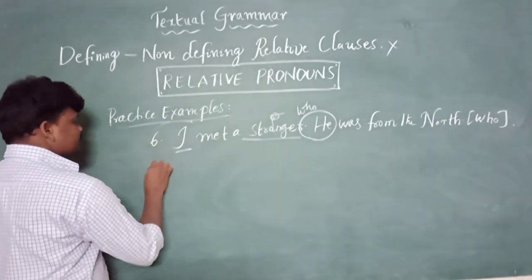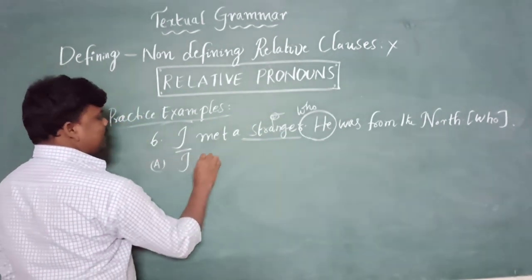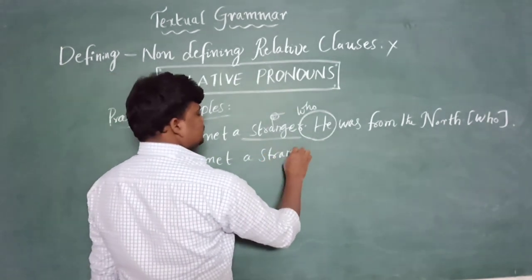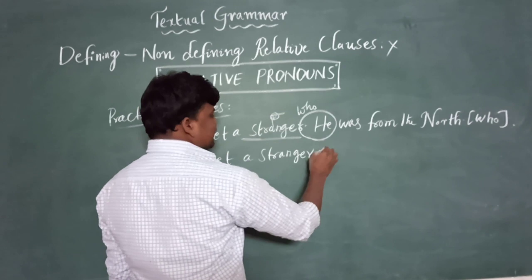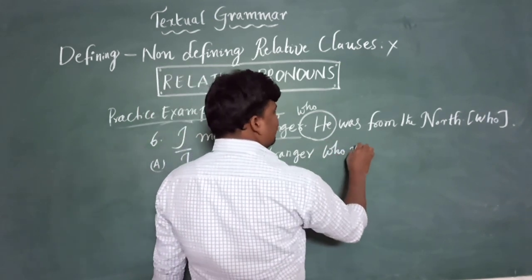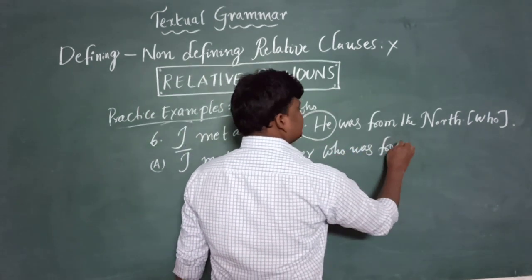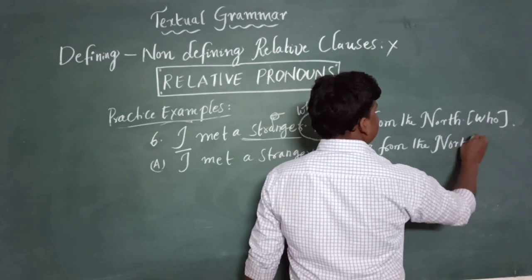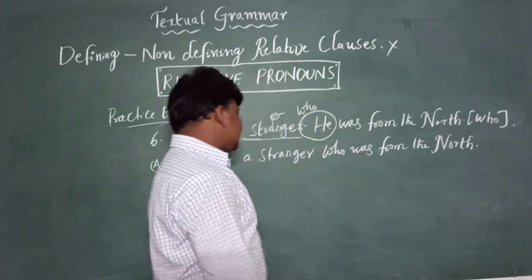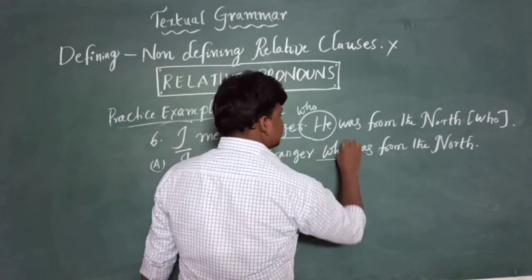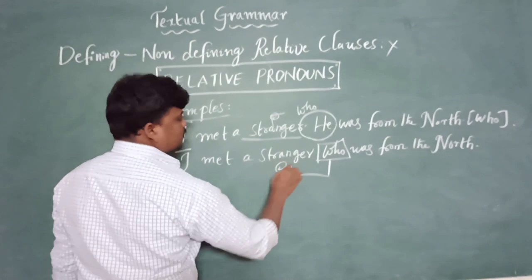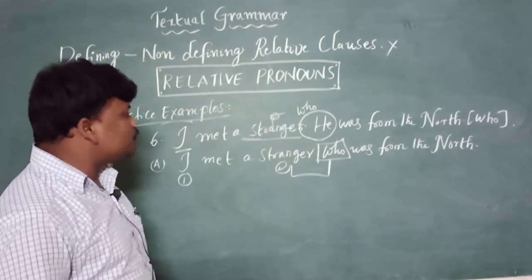So: I met a stranger who was from the north. Right? See, the second person immediately follows who. Second person always follows who, without any doubt.